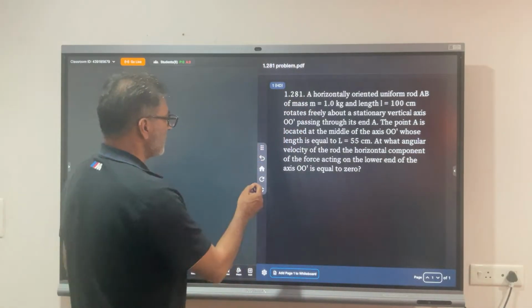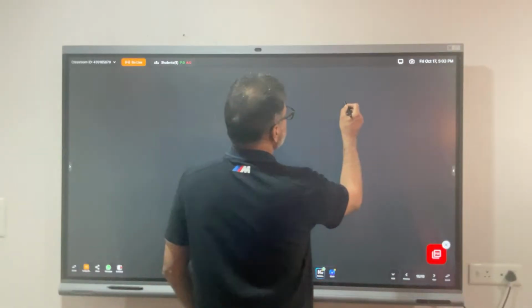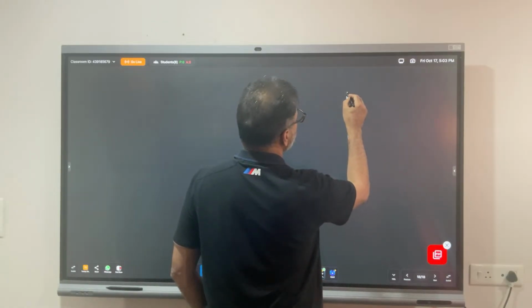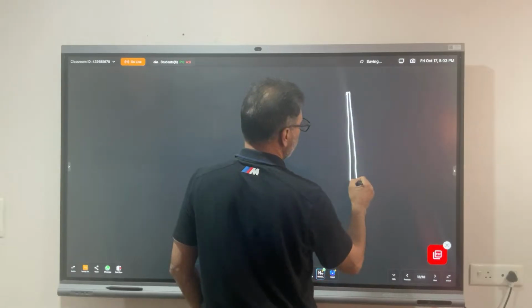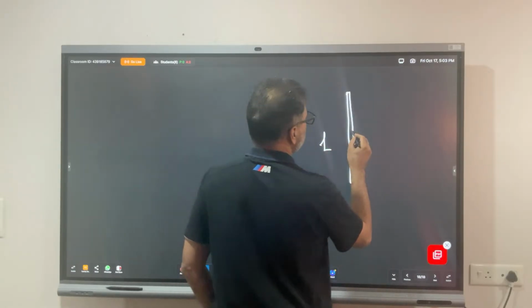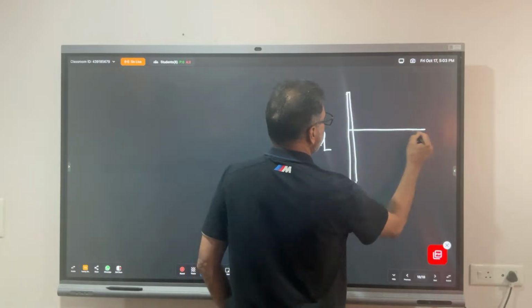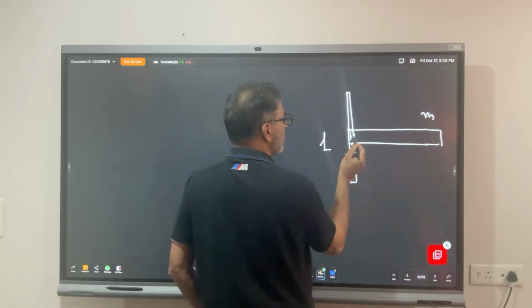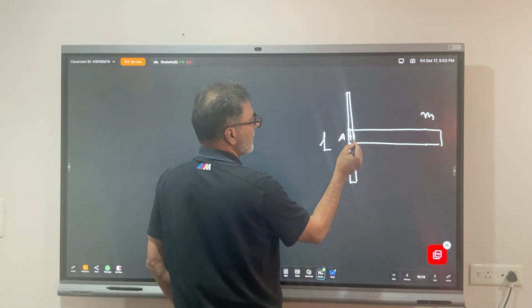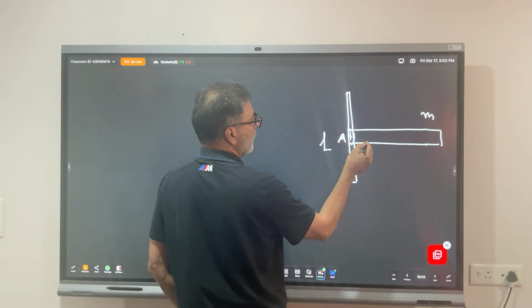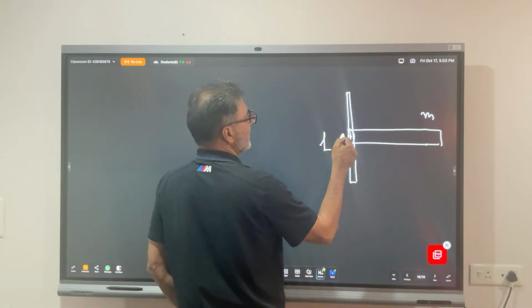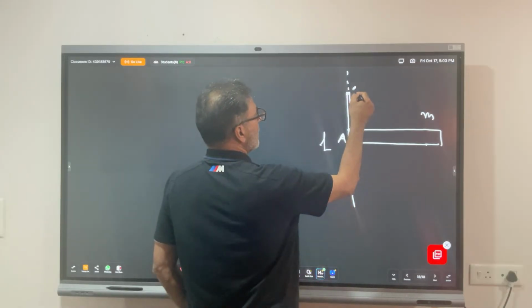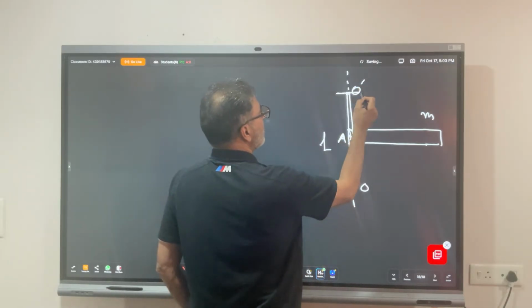So let me start doing this question. The question is like this. It is the axis, and you can say it is itself a rod of length L0, and at the middle of this rod is a huge rod like this whose mass is m, and it can rotate because it has rotational freedom at this point A. It can rotate in a circle around this A. This rod is itself an axis O prime O, and here it is fixed.